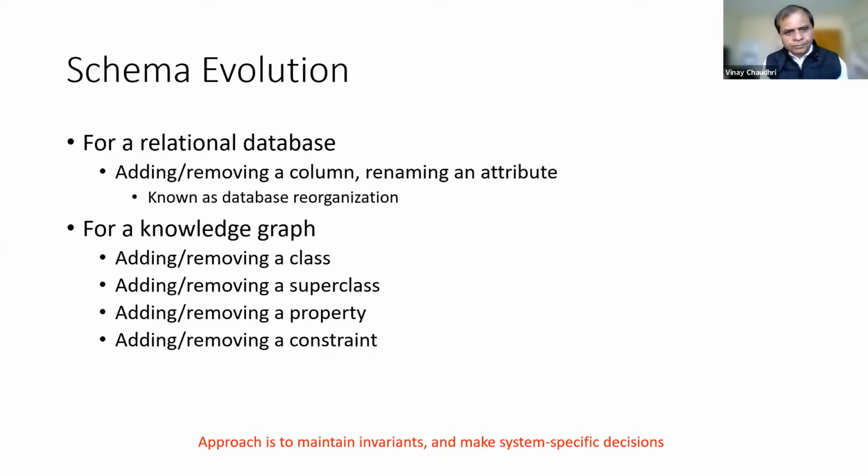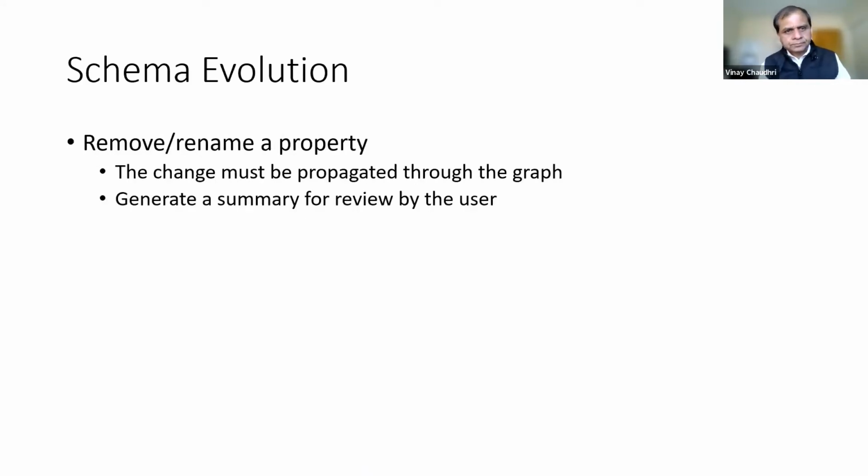And I'm going to give you a whirlwind tour for some of the things people have tried. And the general principle underlying the techniques that have been used is to maintain certain invariants. And so we assume that the system must have, or our schema must have, some properties. And in some cases, we end up having to make system-specific decisions, which tend to be arbitrary. And I'll try to give you a flavor for each of these.